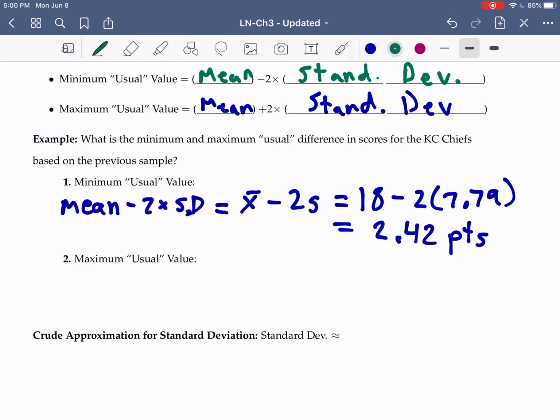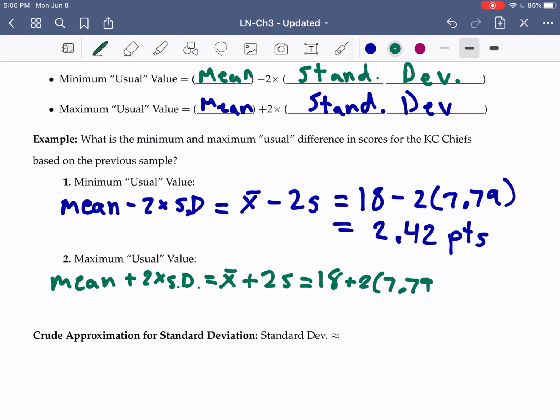For the maximum usual value, we take our mean plus 2 times the standard deviation. Or notationally, it's x bar plus 2s, which in this case is 18 plus 2 times 7.79, which gives us 33.58.